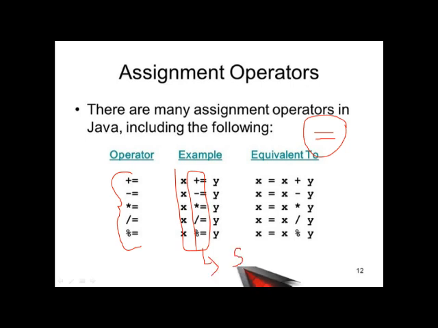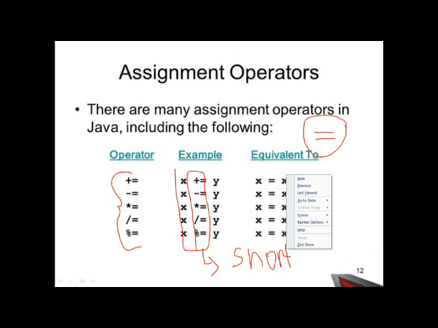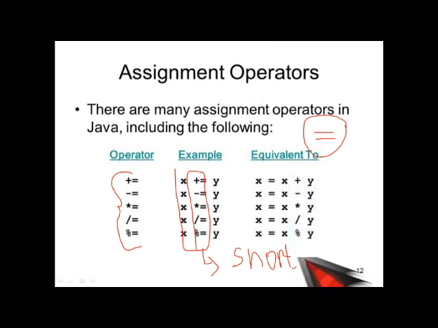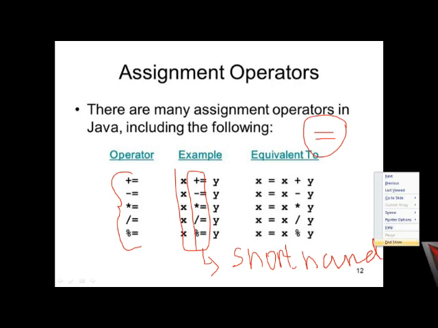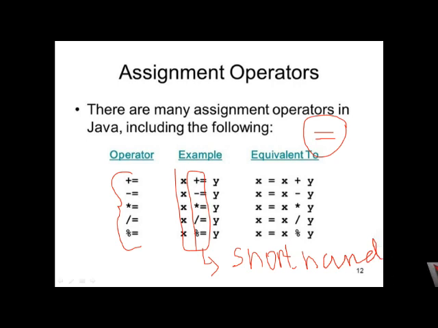When we write in this kind of format, it is known as a shorthand operator.